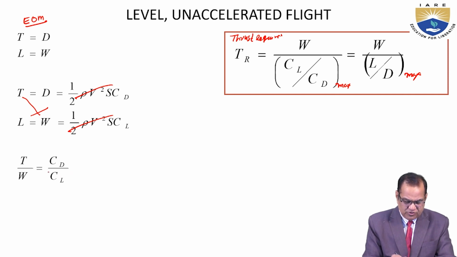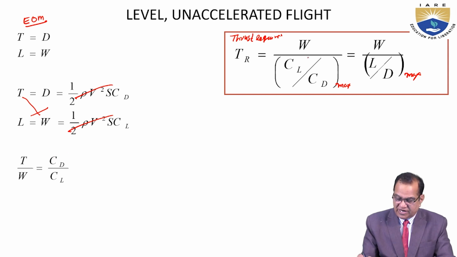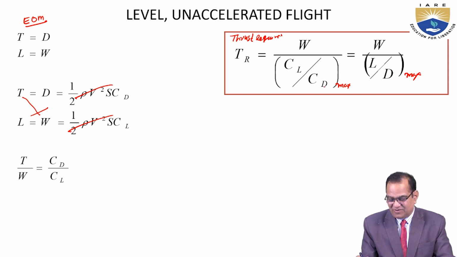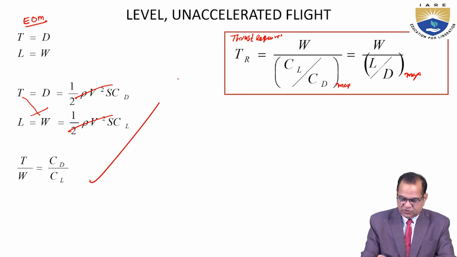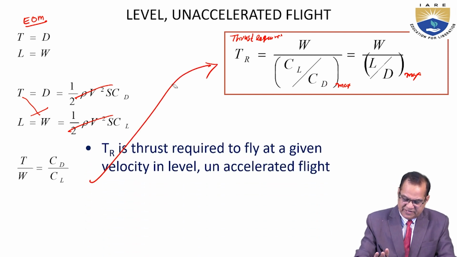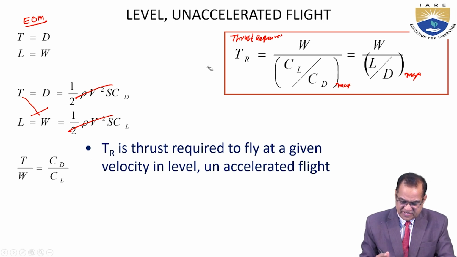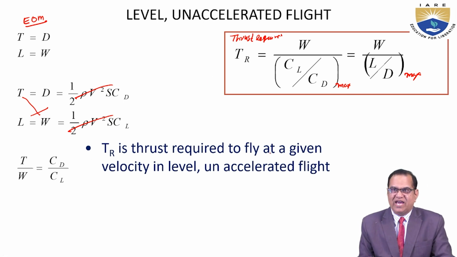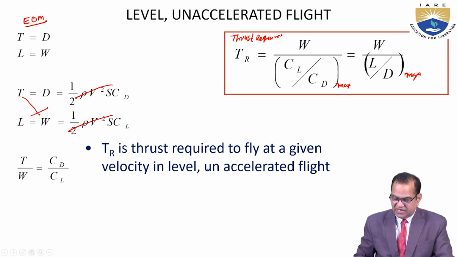So T by W is equal to CD by CL, that is, T is equal to W by CL by CD. You can see this from here. So here the thrust required, TR, is the thrust required to fly at a given velocity in level and unaccelerated flight.